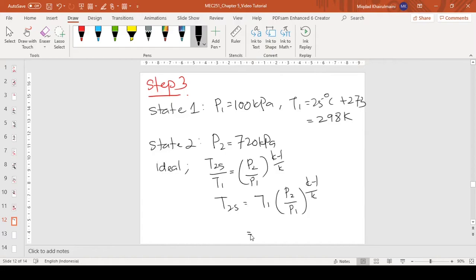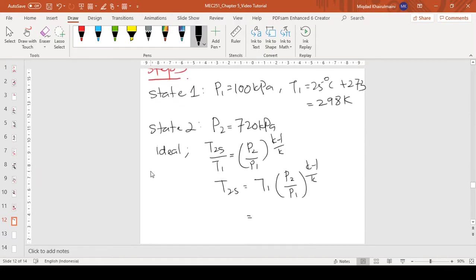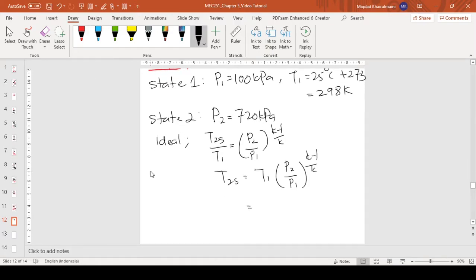Substituting the values, T2S equals 298 times (720 divided by 100) to the power (1.4 minus 1) over 1.4. The ideal temperature at state 2 is 524 Kelvin.